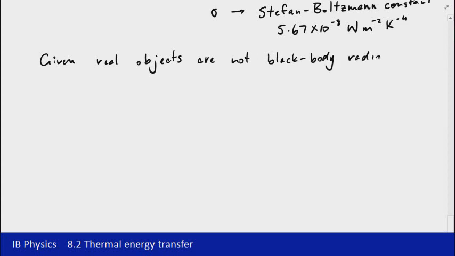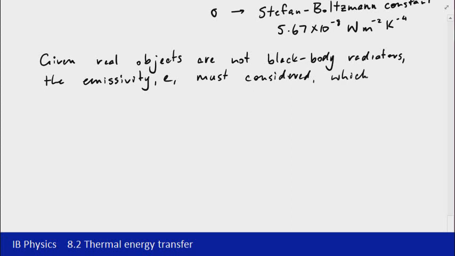And so we need to incorporate a quantity known as the emissivity. That's given by the symbol E, and so we must consider that for an object. Now this quantity itself can be defined as, probably easiest just to write it out as an equation, but I'll write it in words here.